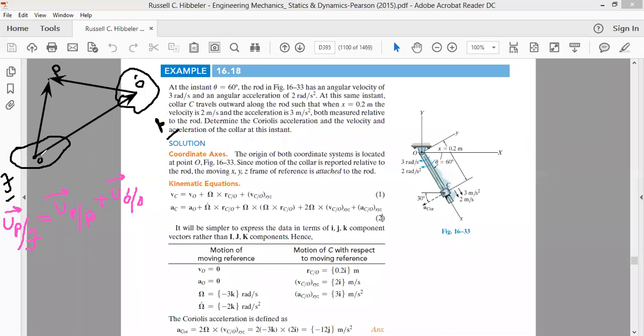So velocity of O prime with respect to the ground is the same as the velocity of beta with respect to the ground frame of reference.